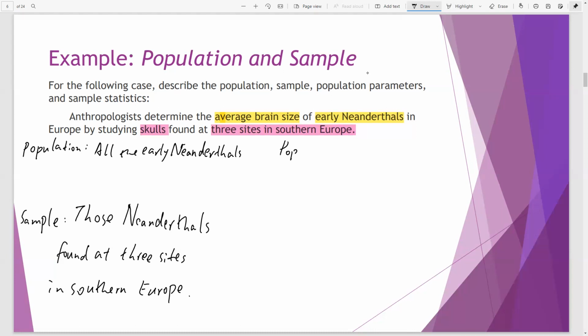Then the population parameter is actually the average brain size of all Neanderthals.